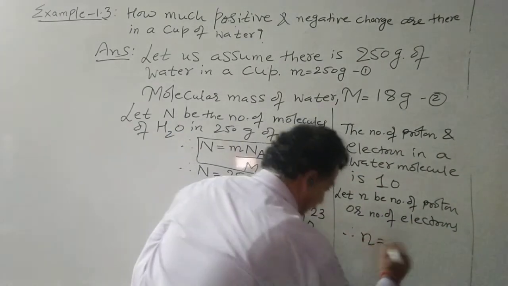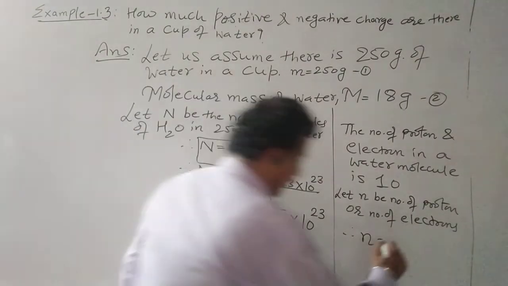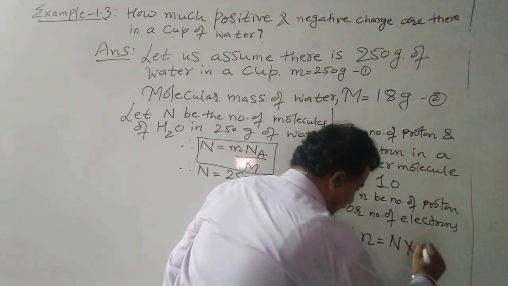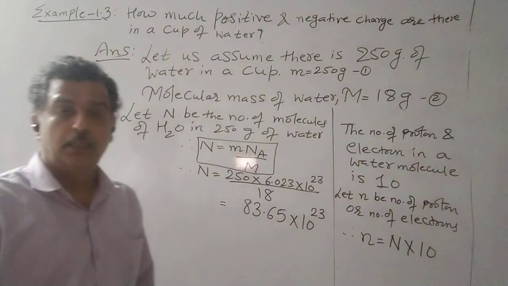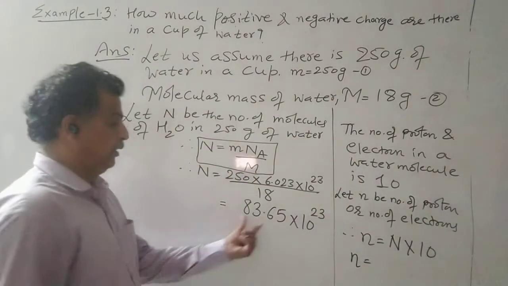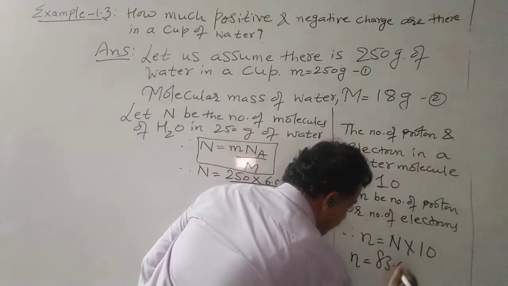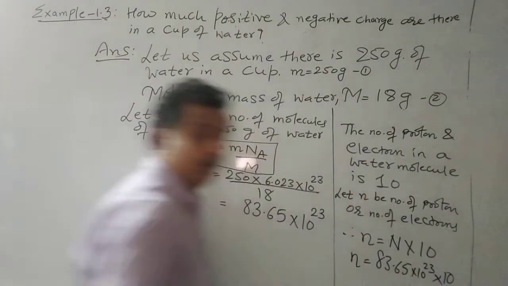Therefore, small n is equal to the number of molecules, that is capital N, multiplied by 10, where 10 is the number of protons or number of electrons. So small n is equal to 83.65 into 10 raised to 23 into 10.